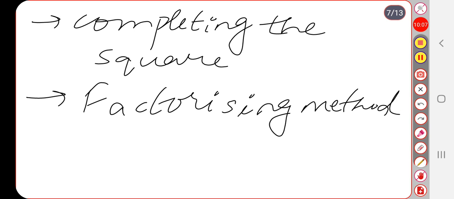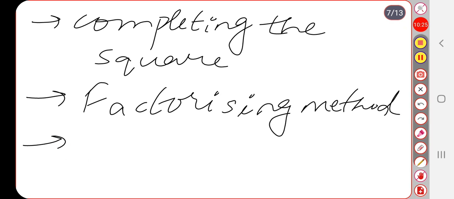Under the factorizing method, we have two more different methods, which we can understand while we are discussing the factorizing method.